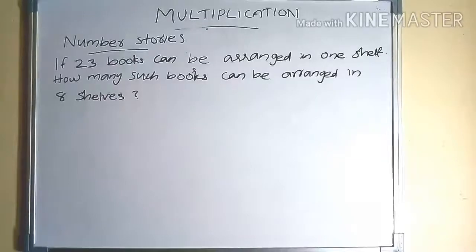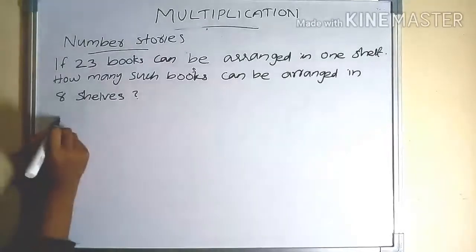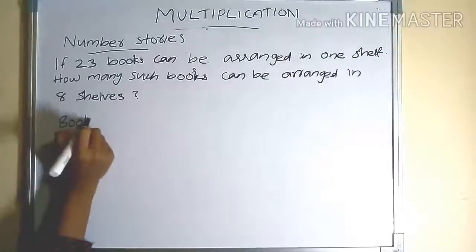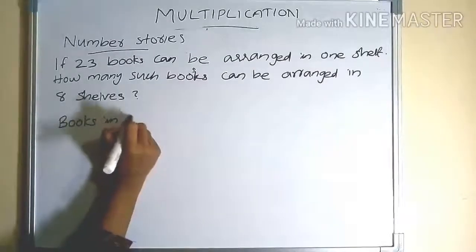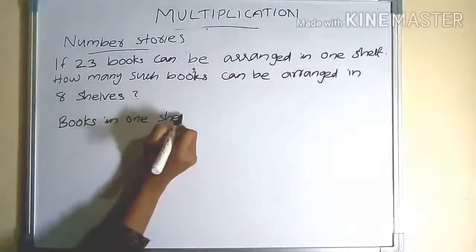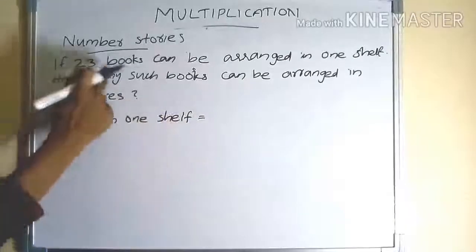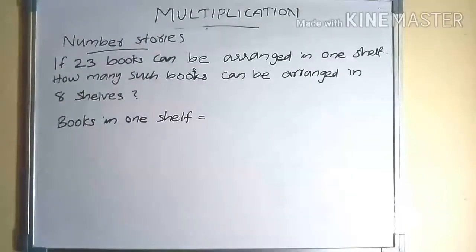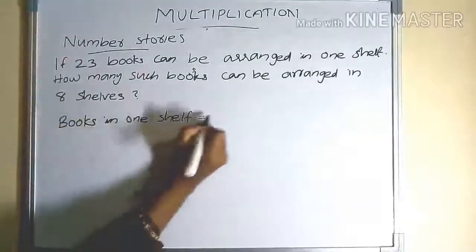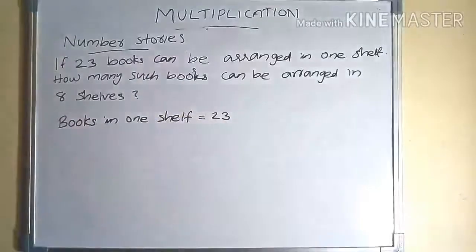So, you can write books in one shelf is equal to 23.